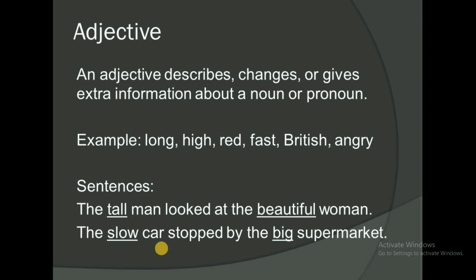We can look at these sentences. The tall man looked at the beautiful woman. So tall and beautiful are our adjectives. We can, of course, change these for other adjectives. The short man looked at the ugly woman, and so forth. Notice in this pattern here, the adjective comes before the noun, adjective before the noun, and so on and so on.